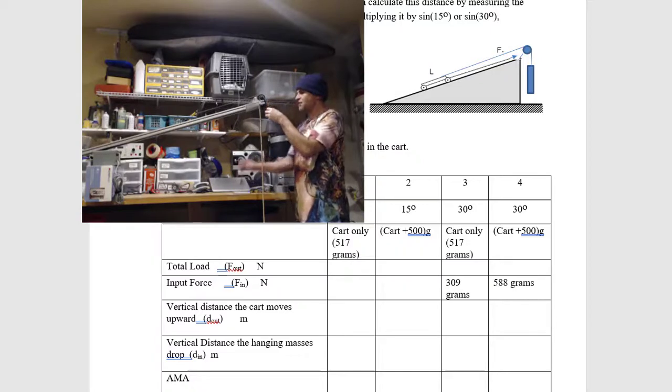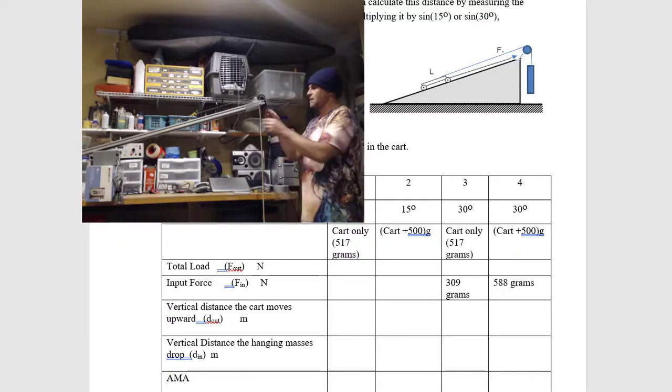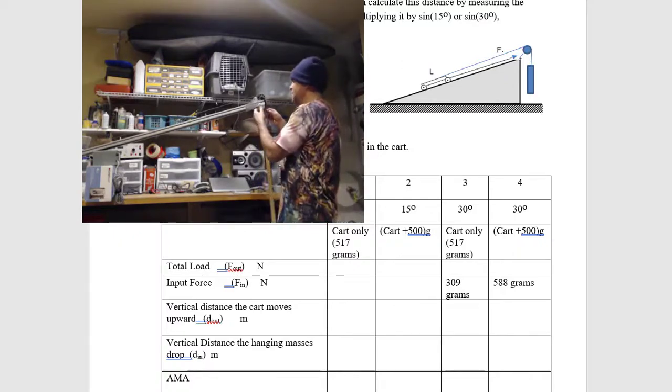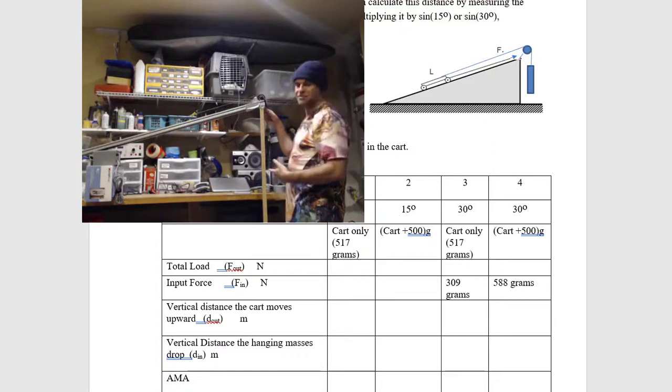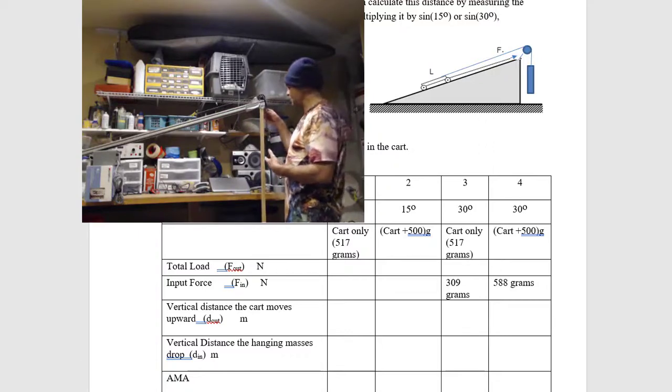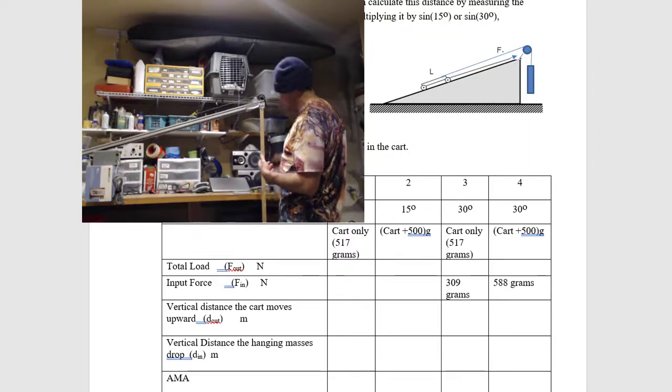Now, let me talk about the distances here. When this is at its highest point, the distances it moves are going to be greater or lesser for this as they are for that, depending on how far I let it drop. So I'm going to let this drop a certain distance. I'm going to say it goes from 0 to, let's say, 40 centimeters.